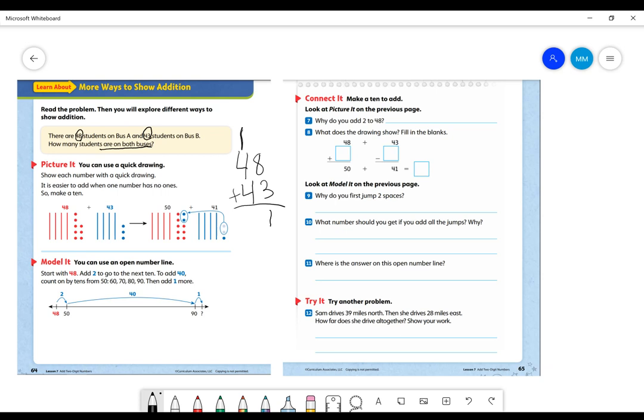So now 48 is turned into 50. So 4 plus 4 plus 1 more makes 9. So that is the original way that we can add, but we can also use the picture to show us too.